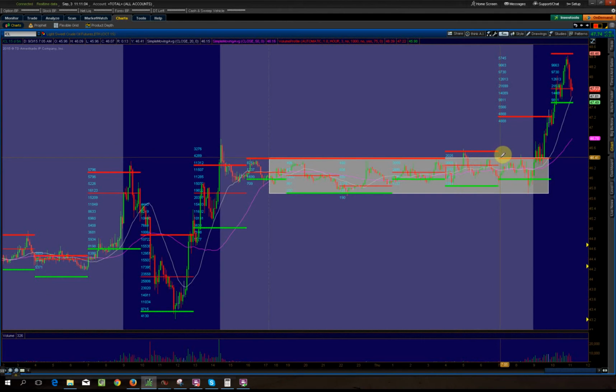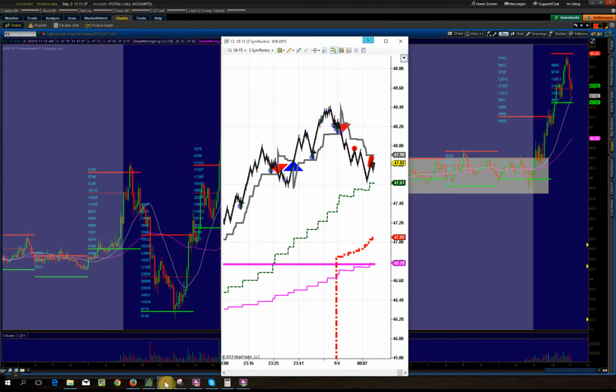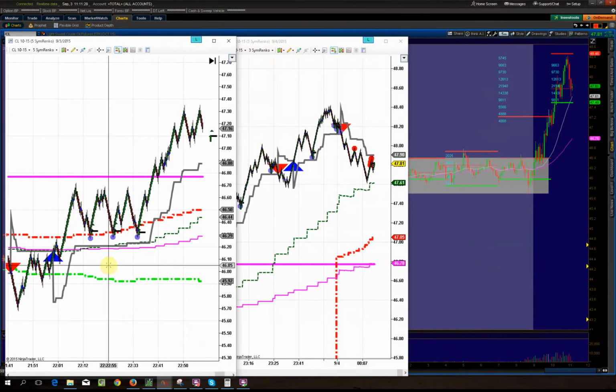That's pretty much like your ceiling that you're looking for it to break. It broke out up here, but immediately came down, so that wasn't a trade. Broke up outside of it, held it, touched it, respected it, held it, respected it, and you could have bought right here for a 13 tick stop. And if you bought in right at the, actually on the chart, the more accurate chart, the price point was at the time about 46.31.